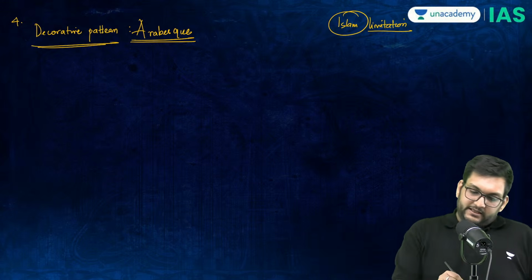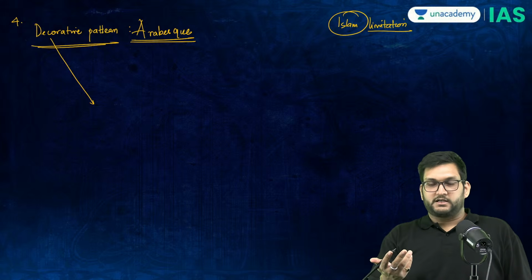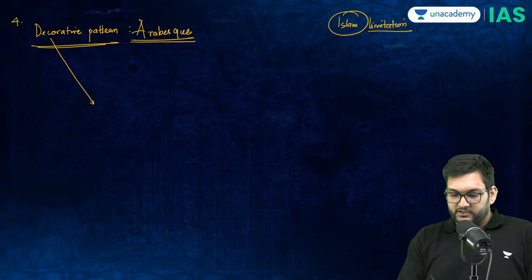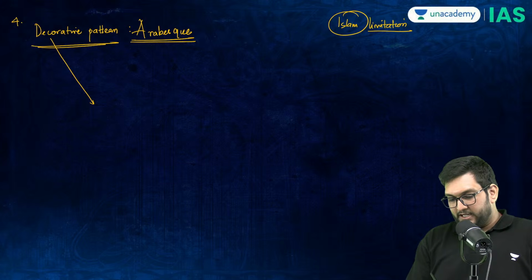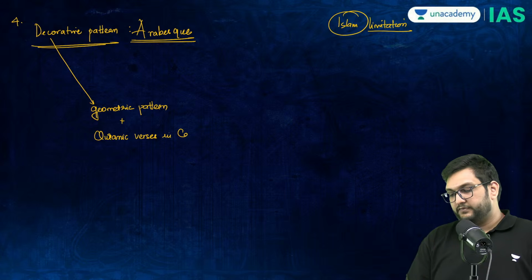But the Delhi Sultans wanted to decorate their structures. That is where they introduced what are called geometric patterns. They also used Quranic verses in calligraphic form.